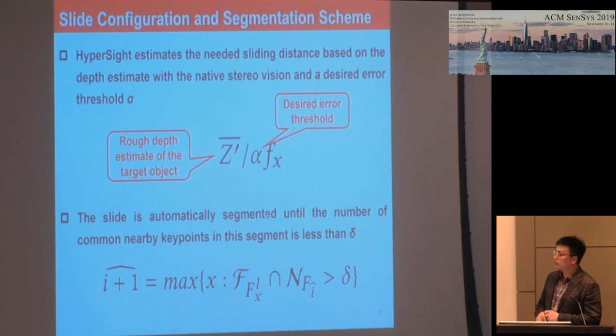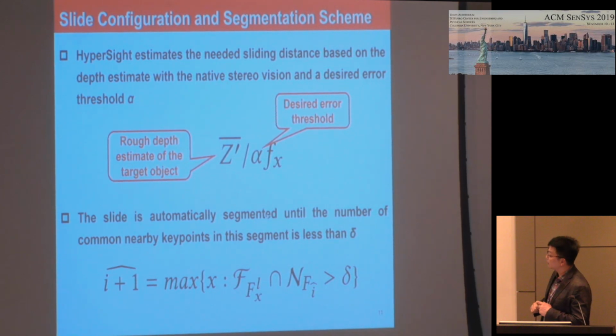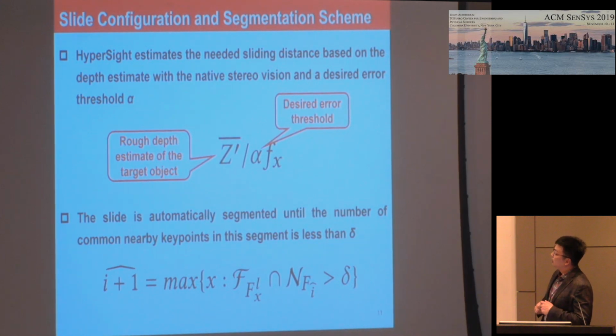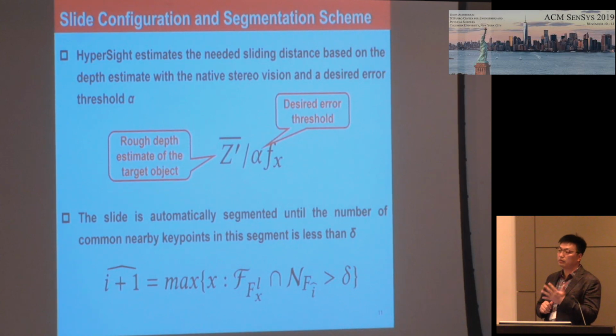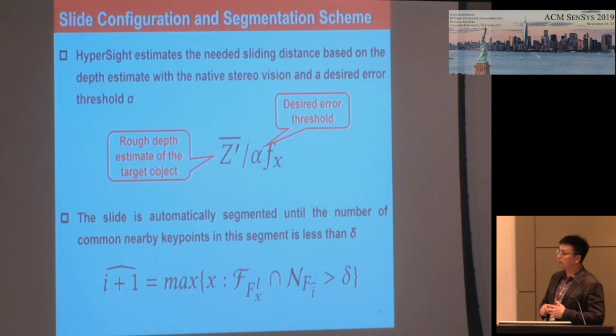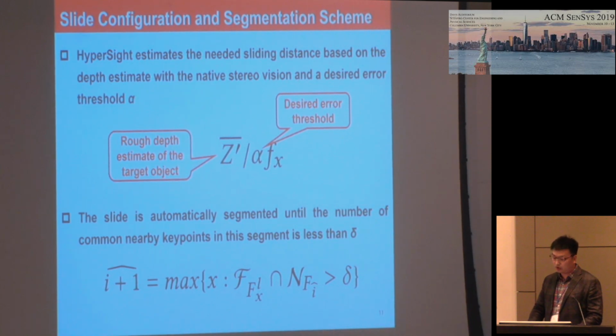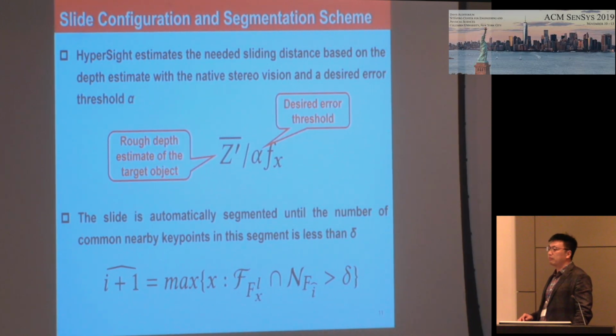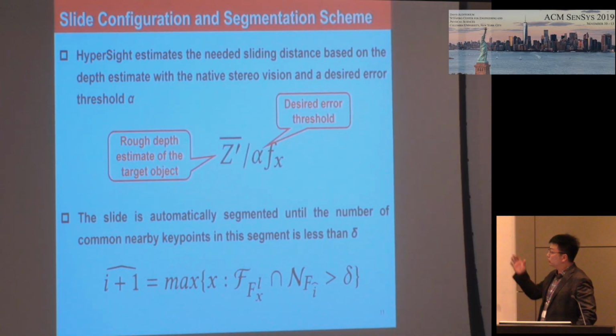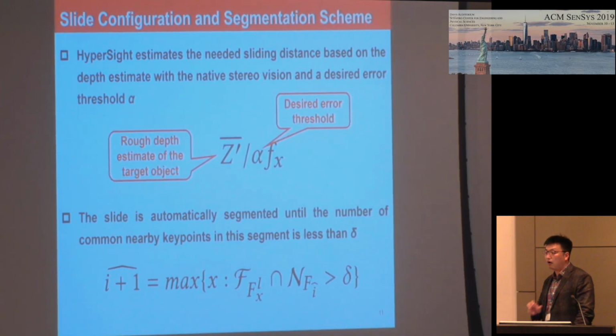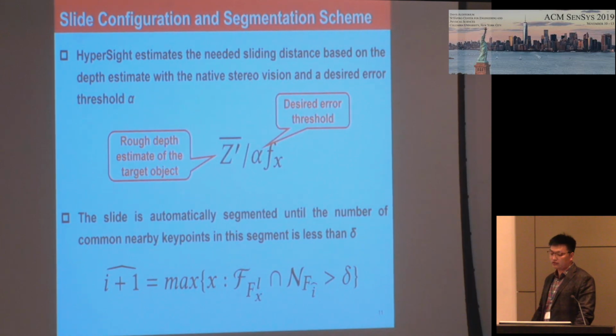We first do the depth estimation with the native dual camera to calculate the estimated depth Z prime, and then given a threshold alpha, we require that the depth estimation error should be less than alpha. Then we use this to calculate how far we should slide. Okay, this is a rough estimate.